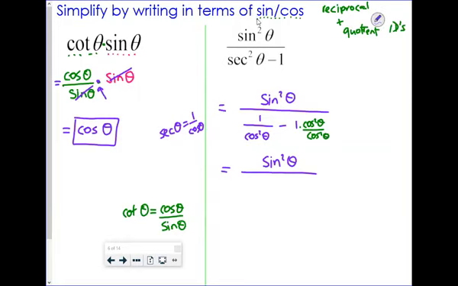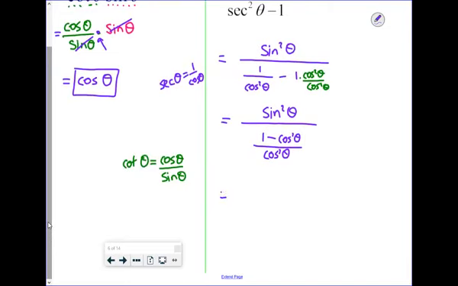So what I've got in that denominator is 1 minus cos squared theta over cos squared theta. Dividing fractions, you write up the numerator, and then instead of dividing, you multiply by the reciprocal. So I've got multiplied by cos squared theta over 1 minus cos squared theta.